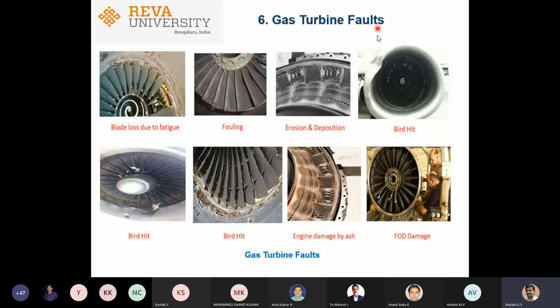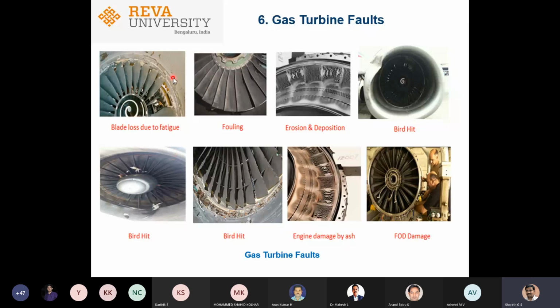So we can see the bend to the lip of the air intake is disturbed. And if you see here, because of bird hit there's damage, and here there's a lot of ash, and here FOD damage.